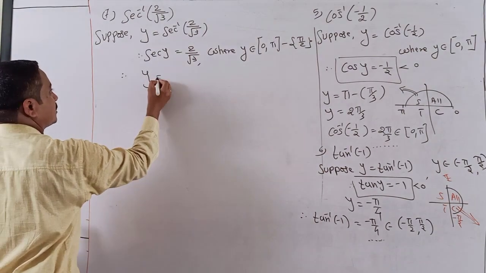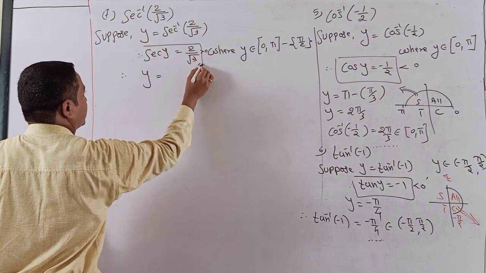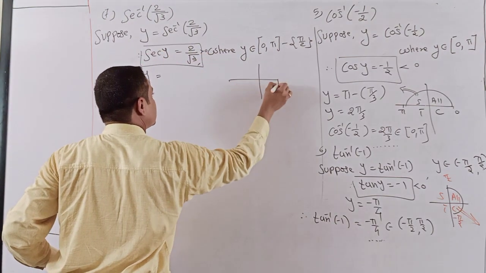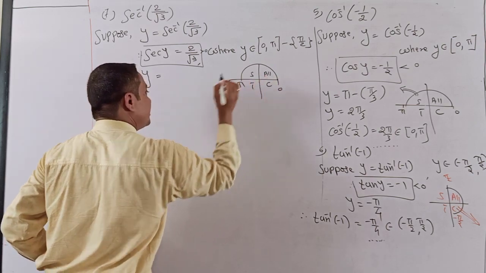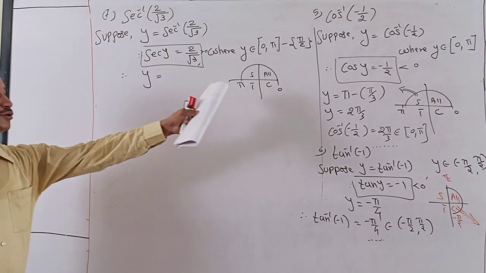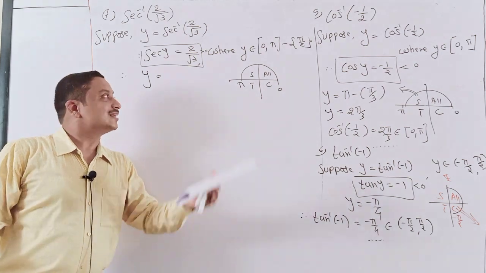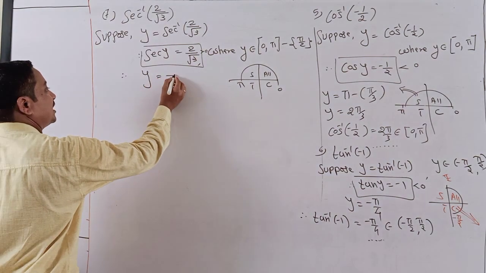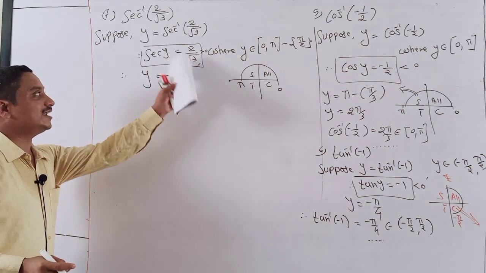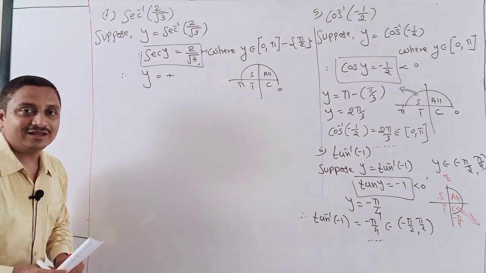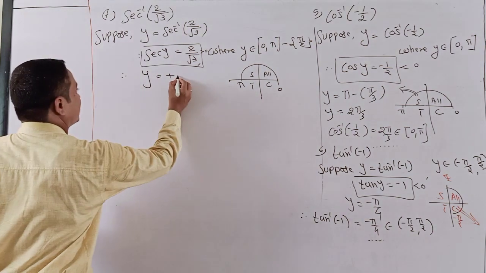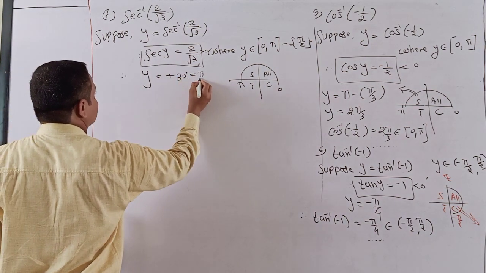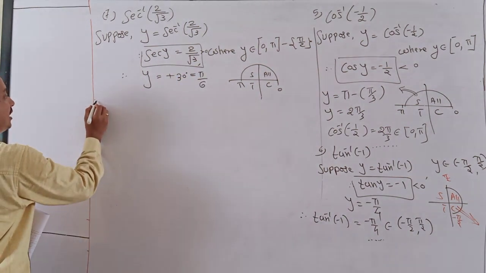Now tell me, sec is positive in the range of 0 to pi, definitely. Where is sec positive? First quadrant. That's why I write down positive. And when sec is 2 by root 3, yes, cos 30 is root 3 by 2. Here 30 degrees means pi by 6. So finally done.